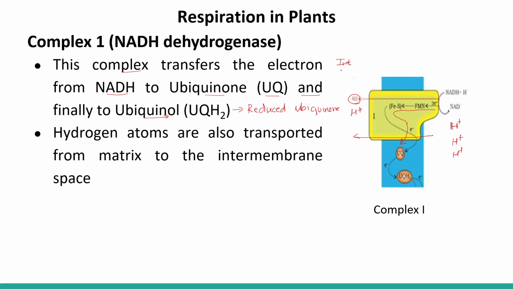This is the inner mitochondrial membrane. This is again the matrix. Hydrogen ions are transported from the matrix to the intermembrane space.